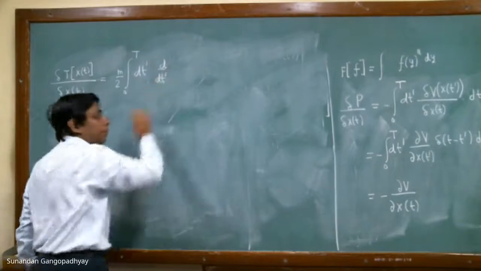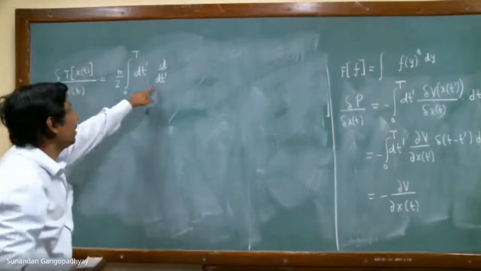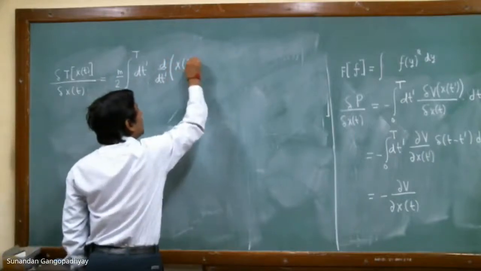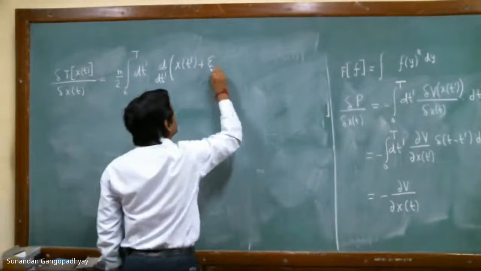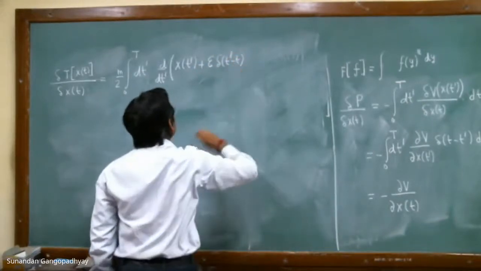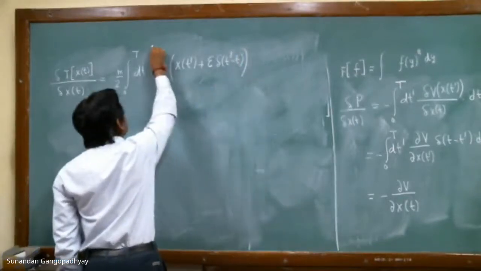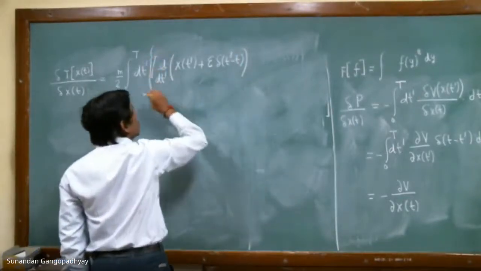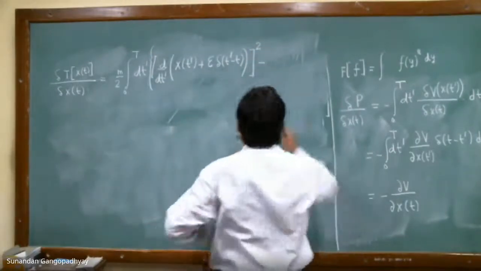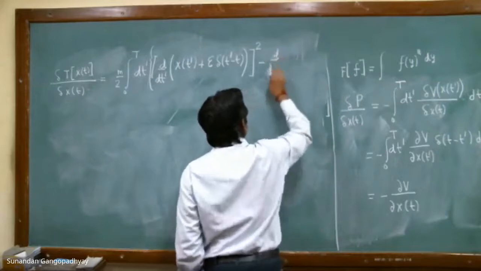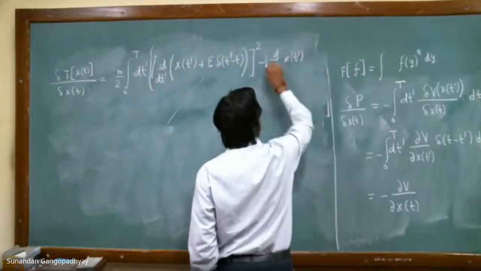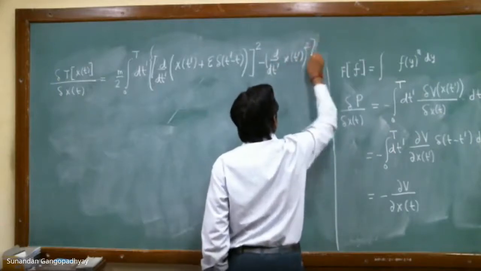Since I have changed the dummy variable to t prime, I will use t prime over here, and then the definition is x(t prime) plus epsilon delta(t prime minus t) whole square, minus dt prime x(t prime) square.